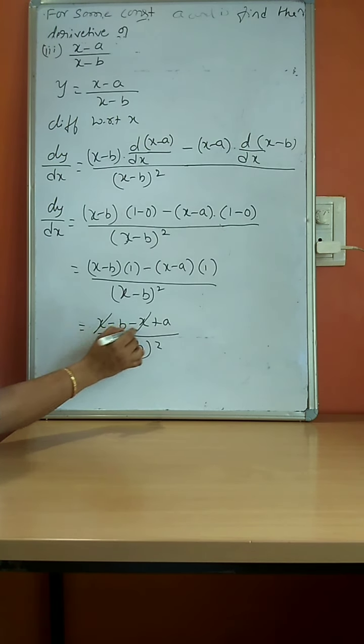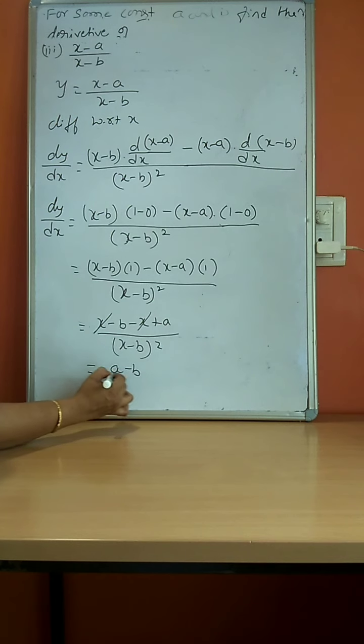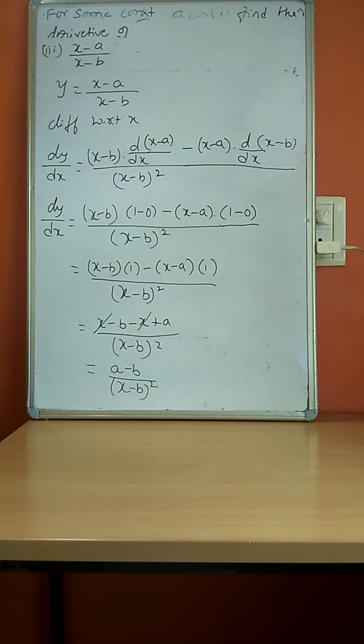See, plus x minus x get cancelled. Therefore, this can be written as, write the positive first, a minus b divided by x minus b whole square. Okay. Once you understand the quotient rule, there is no necessity of writing this step. Directly you can go for differentiation.